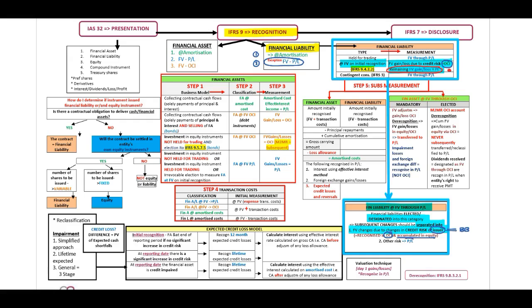And then other risks in profit or loss. You with me on this one? Of the issuer. Therefore, if we were able to identify that there are risks, increase, decrease, relating to the issuer, then that portion will be going to our OCI. And the other risks will be in our profit or loss.